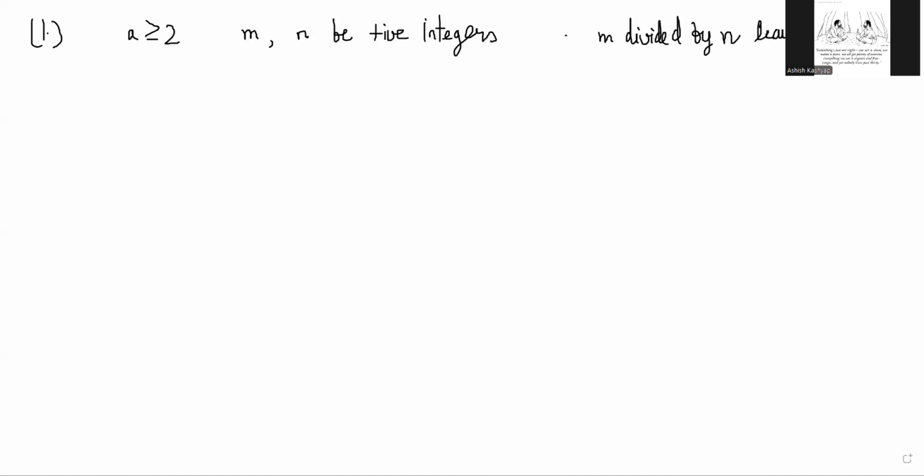And we have to prove that when we divide a power m minus 1 by a power n minus 1, we will get a power r minus 1 as remainder.